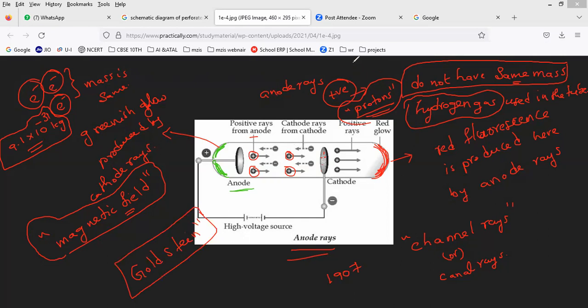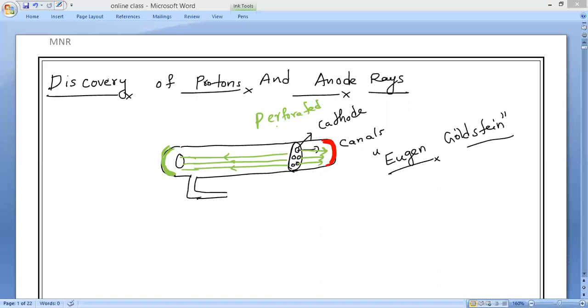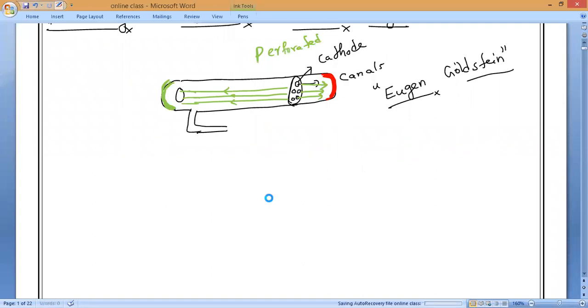When we connect the tube, opposite to the anode we see a dim red luminous glow, and opposite to the cathode we notice a greenish glow. So we say one is positive rays, one is negative rays. Why is it happening? What is the cause behind it? Let us discuss that. Keep reading how and why the cathode and anode rays are produced.